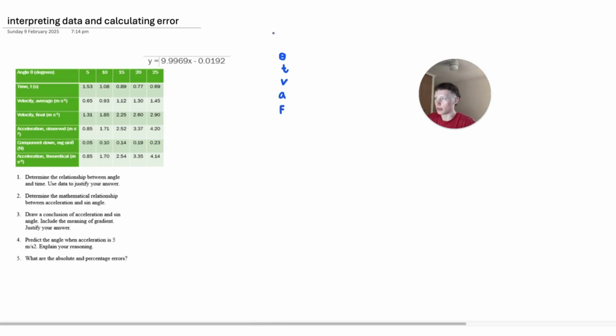What gives it away, without any other context, is this idea that there's a component down that's mg sine theta. That tells me we're looking at some kind of inclined plane scenario, where we maybe have some kind of block at the top up here. We've got an angle of elevation that's changing.